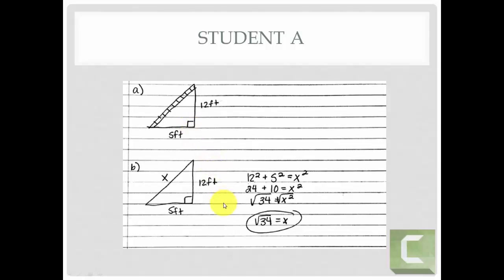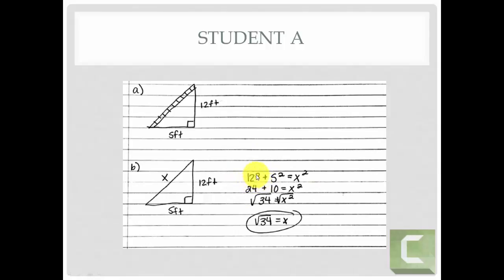Then they had to use the Pythagorean theorem to find the length of that ladder. So they were able to correctly write the Pythagorean theorem for the problem, but they did not get the correct answer. Their error isn't in whether or not they know the Pythagorean theorem. Their error is in evaluating the numbers.